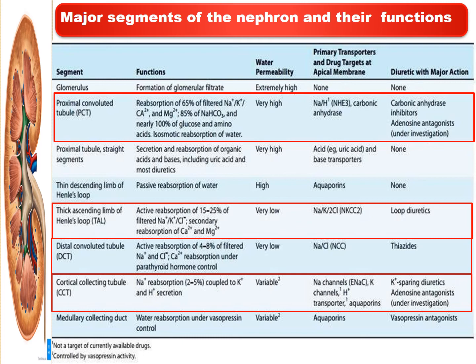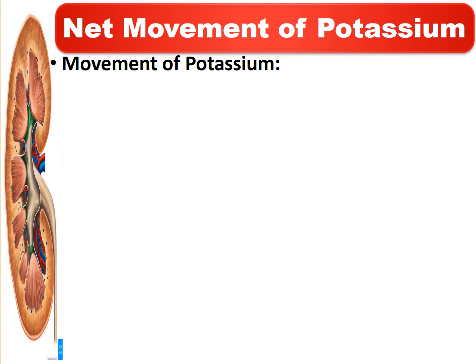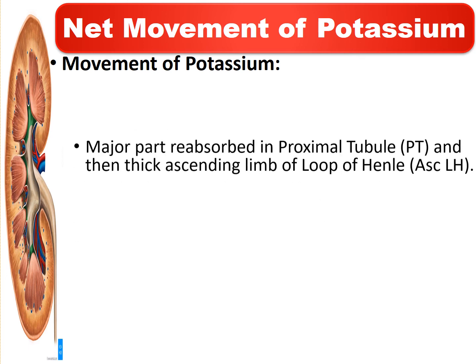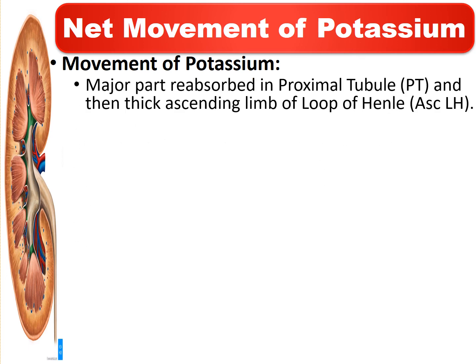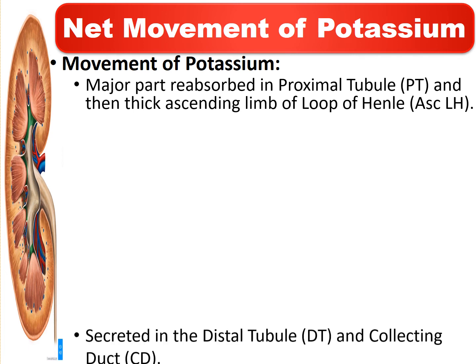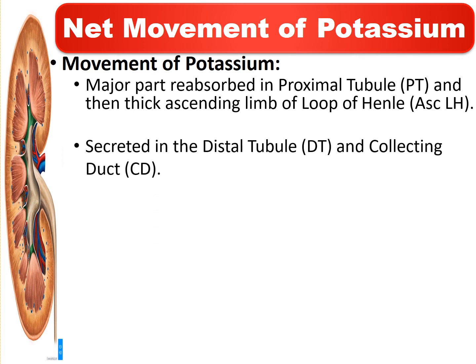To control the loss of potassium by the process of diuresis. Then, in continuation, the net movement of potassium: it is majorly reabsorbed in the proximal tubule and then the thick ascending limb of the loop of Henle. It is secreted in the distal tubule and the collecting duct.